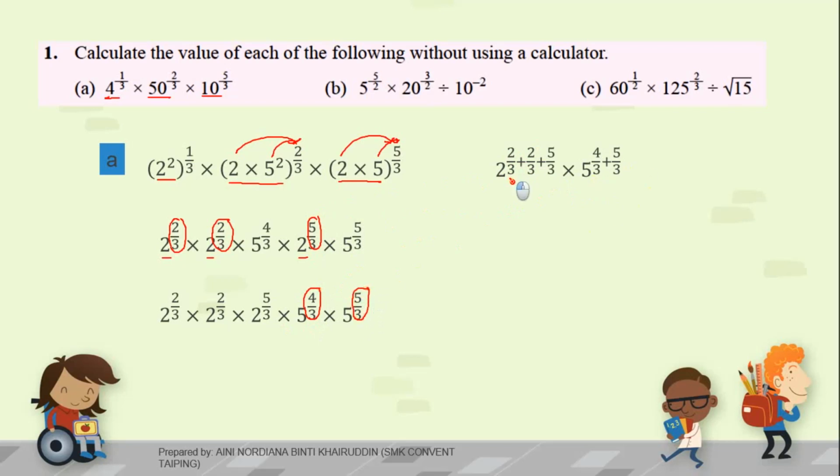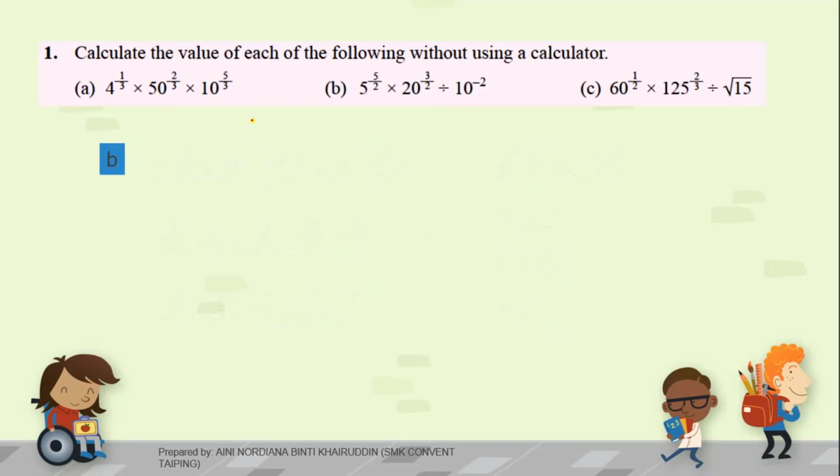So you can use your calculator to calculate this. Then you'll get 2 to the power of 3 times 5 to the power of 3. So the question asks you to calculate the value. So 2 to the power of 3 is 8, 5 cubed is 125, then multiply both, you will get 1000. This is for question A.